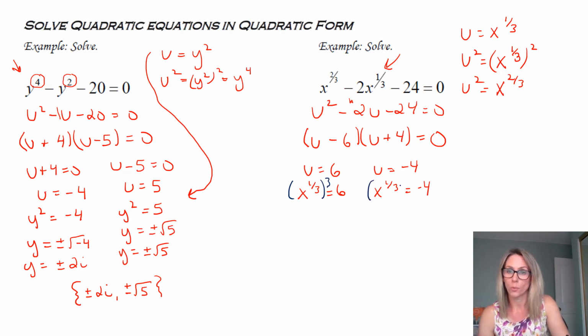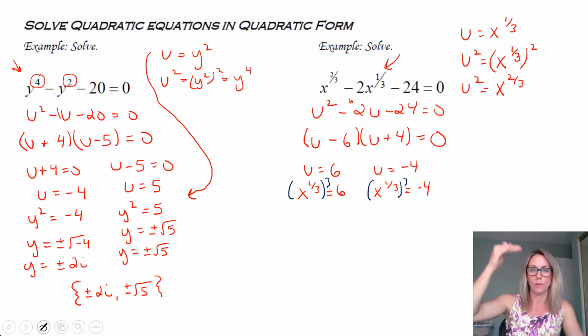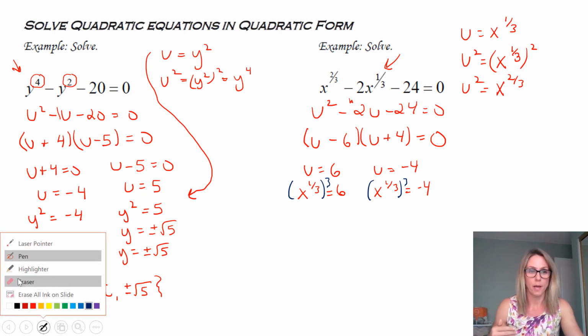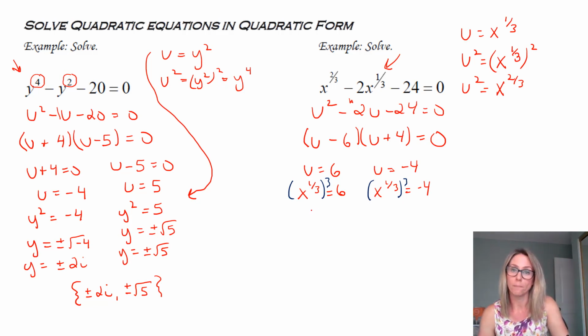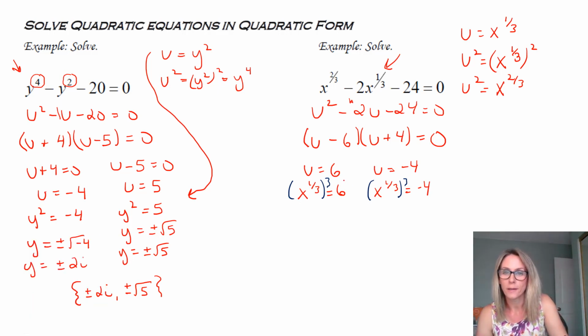That all just has to do with our exponent rules and the fact that when you raise something with a power to a power, you multiply those powers. So notice that 1/3 times 3 is just 1. Oh, and I need to do that to both sides.